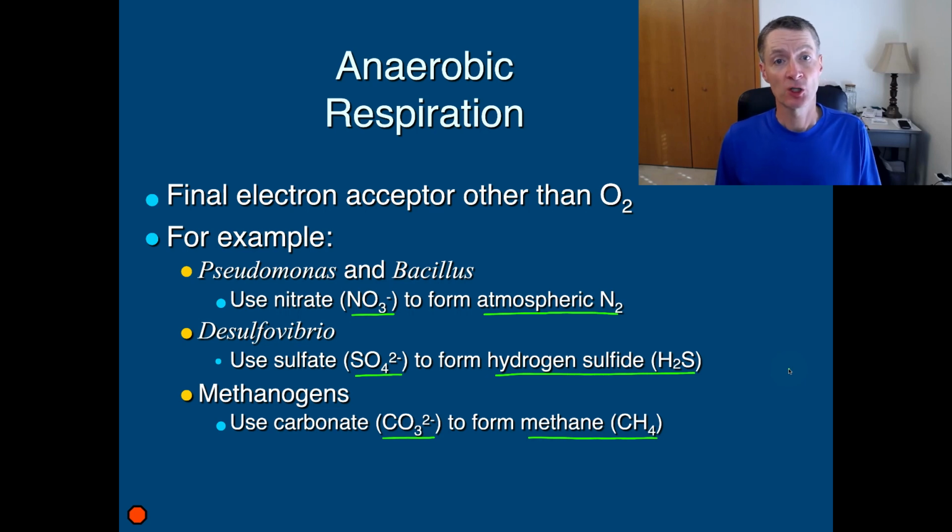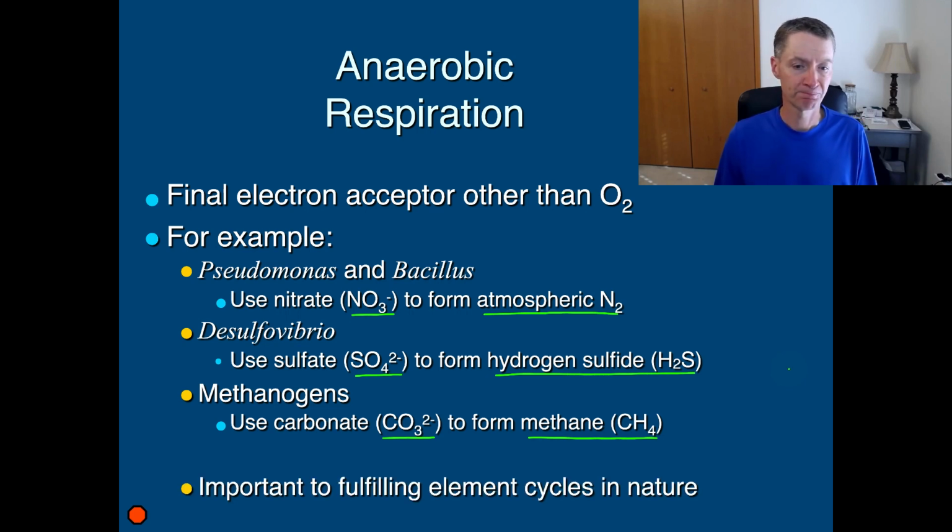So just because we're an aerobic species and we do need oxygen for our cells to stay alive, there's plenty of places within the human system that are anaerobic places where bacteria such as these can survive. Okay, we'll leave it at that for now, and we'll get into a little bit about fermentation next.